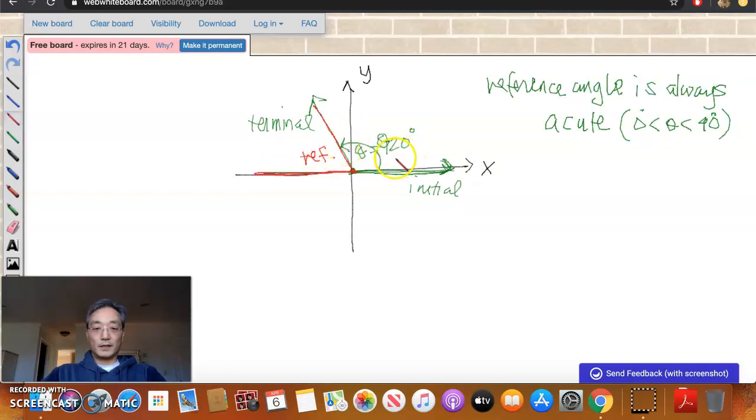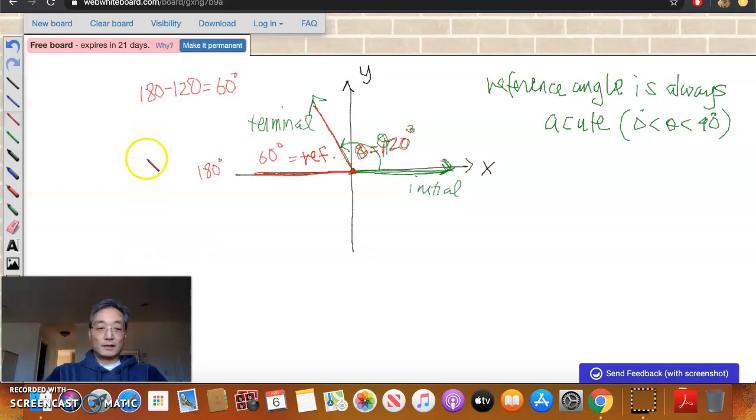If our angle theta is equal to 120 degrees, then our reference angle would be what? This is 180 here, correct? So our reference angle would be 180 minus 120, which is equal to 60 degrees. So our reference angle here is equal to 60 degrees.